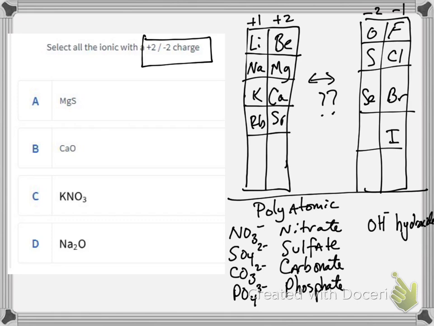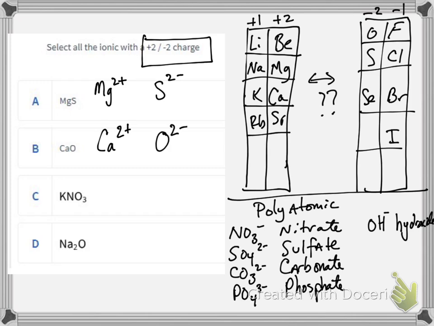Now let's take a look and see, are any of these ionic substances +2, -2? Magnesium we see from the periodic table is Mg2+. Sulfide is right below oxygen, and that's going to be 2-. Calcium is 2+, same column as magnesium.